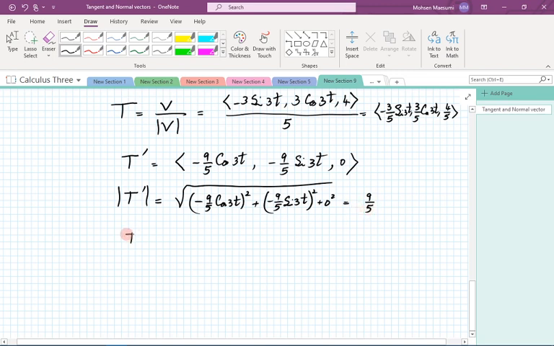Now, if I take T prime and divide it by the absolute value of T prime, of course, 9/5 goes away, and we get minus cosine of 3t, minus sine of 3t, and 0.